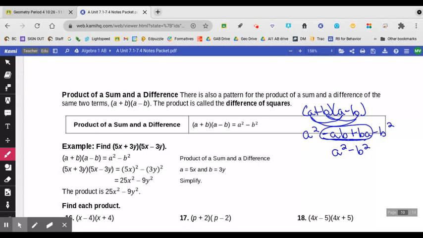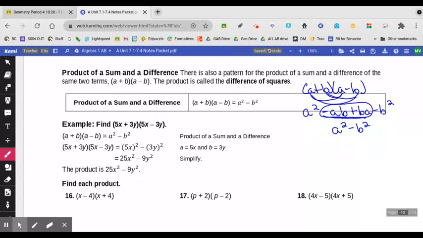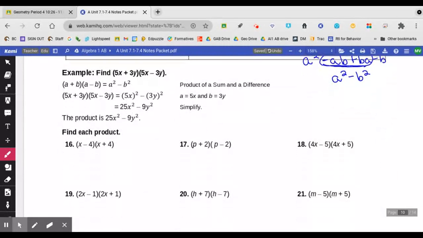So again, when I'm doing the sum and the difference of the same two values, I really can just square the first and square the second and remember that it's minus. If you can't remember that, you can always just double distribute and it will always come out correct. So if I look at 16, I see that I have the sum and the difference of the same two values.